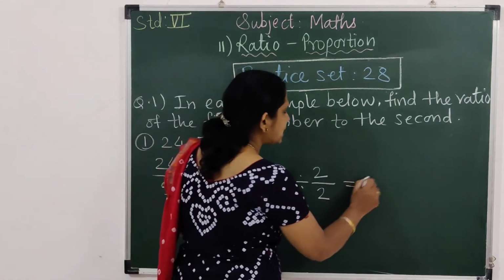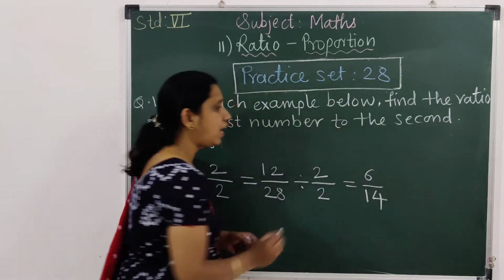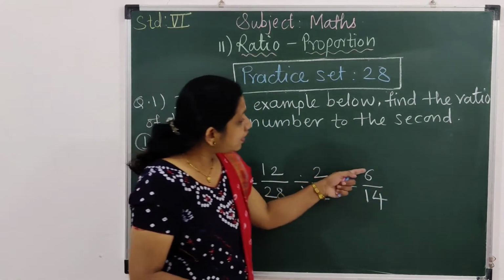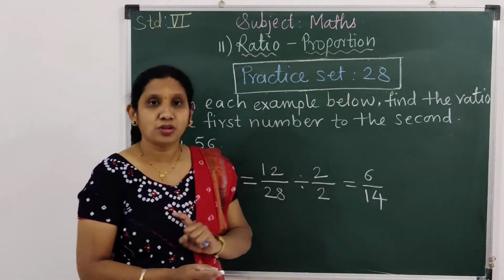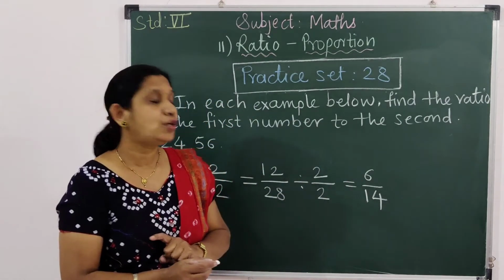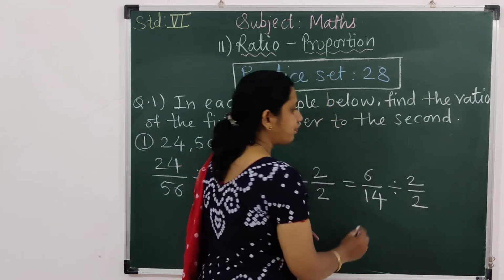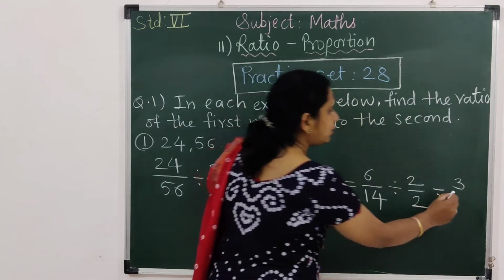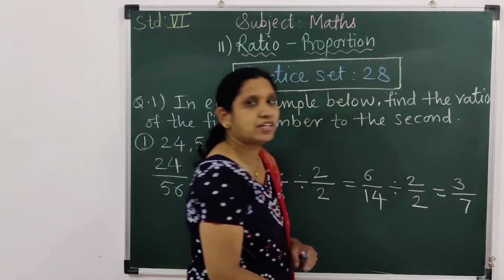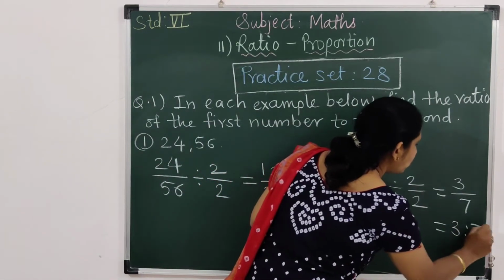Okay, 2 sixes are 12. 2 ones are 2, 2 fours are 8. Now again here the number is 6, here it is 4. It means again these two numbers are divisible by 2. So divide by 2 upon 2. Okay. 2 threes are 6, 2 sevens are 14. So what is our answer? 3 is to 7.